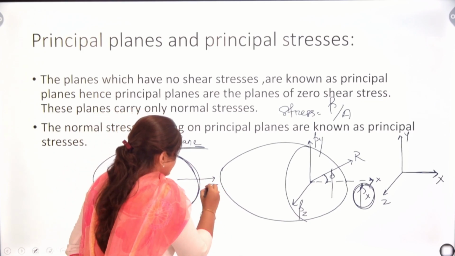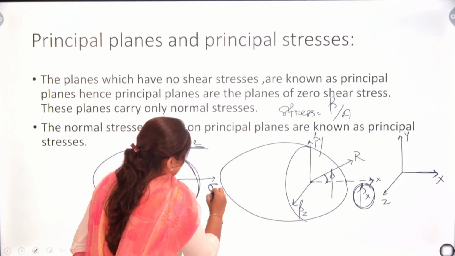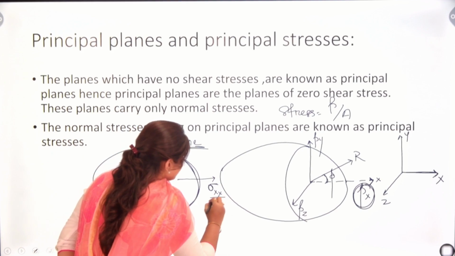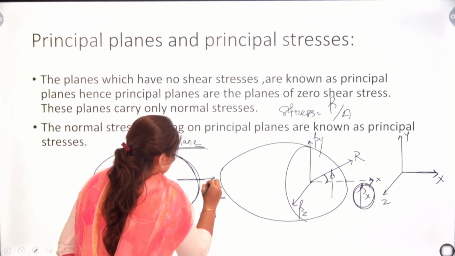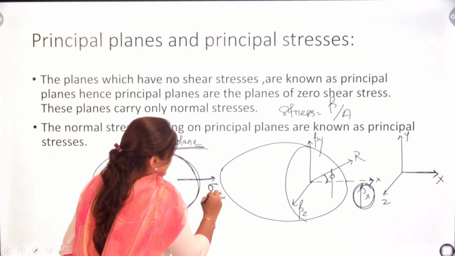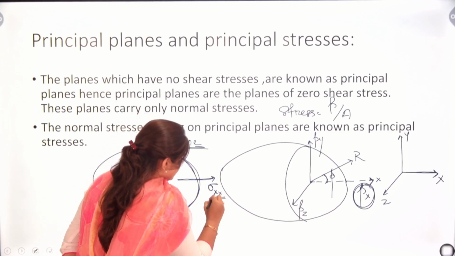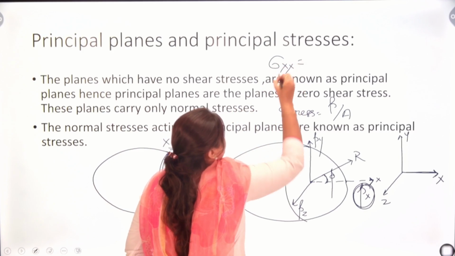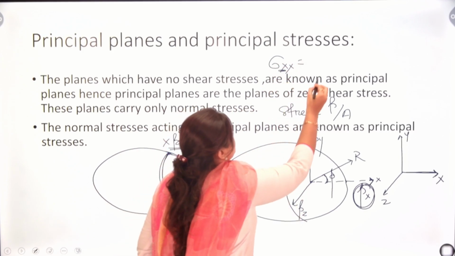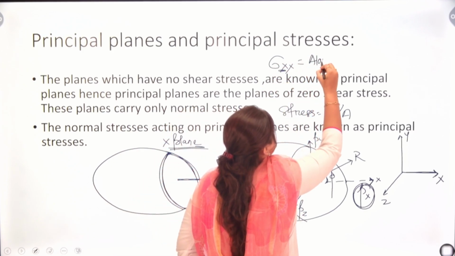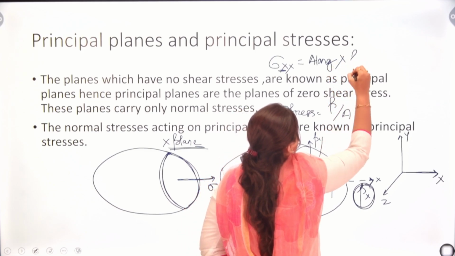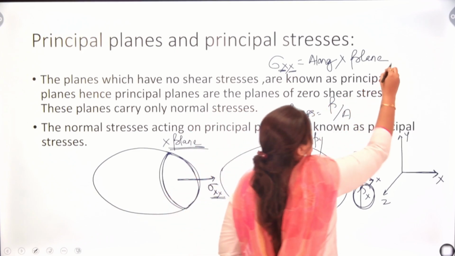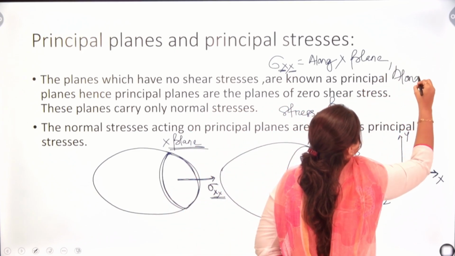Okay. So, this sigma we will name it as sigma xx. Why? As it acts first along x plane. Why? This first x is for it acts along x plane and this x for along x direction.